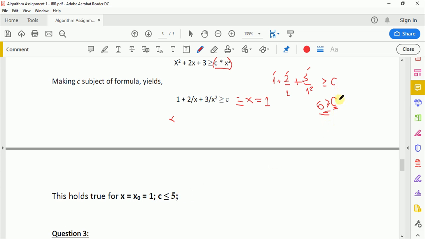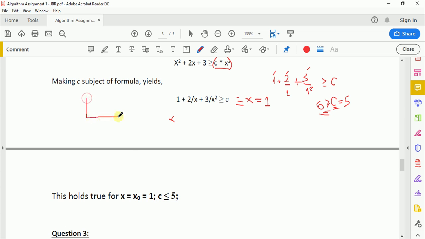See? So c now is going to be equal to 5. So this is possible. Had it not been possible, this equation wouldn't have held. Okay? So it's possible only when c is less than 5.